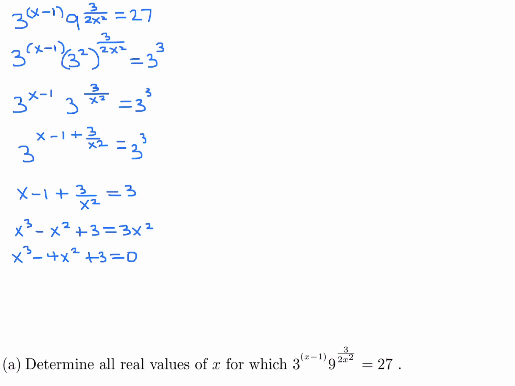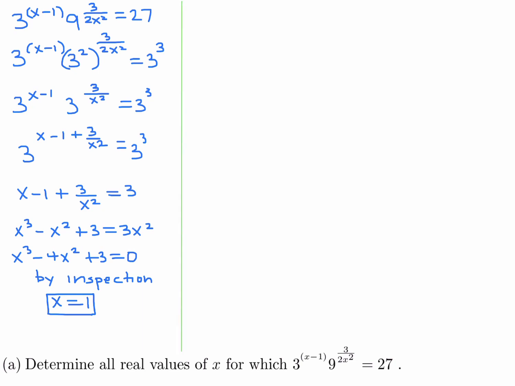Unfortunately, there's an x to the power of 3. Okay, shouldn't be too much of a problem. By inspection, I can quickly see that 1 is a solution. If you substitute 1, you'll see that it works. So x equals 1. That is a solution. So that helps me because I can now factor this.